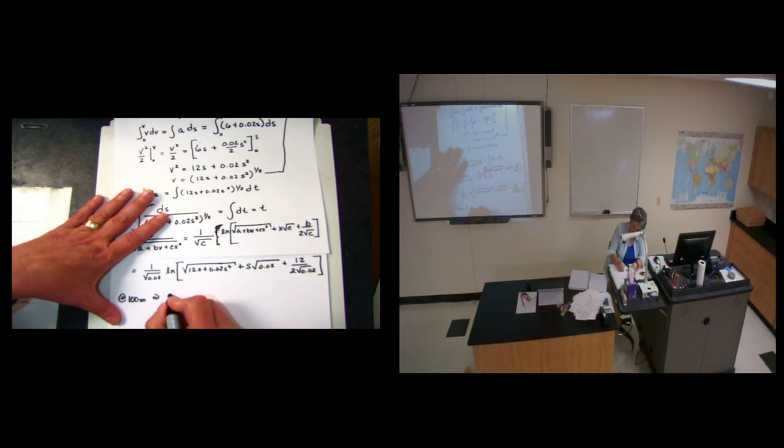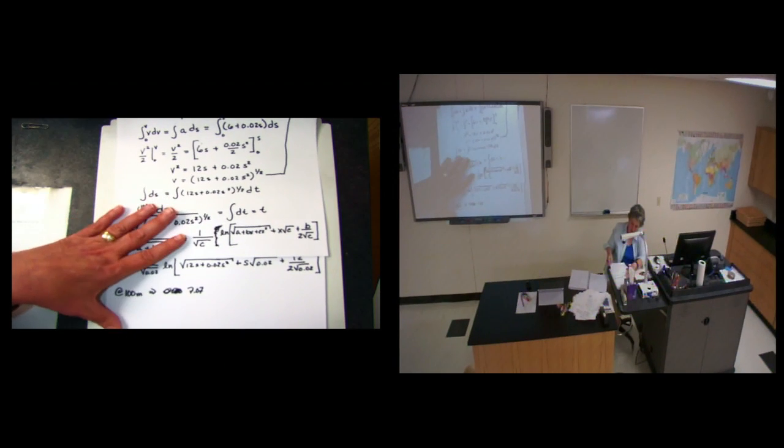So I'm going to end up with ds is equal to V naught minus ks dt. I'm going to have to put this on that side, so I get ds over V naught minus ks, and that's ultimately going to give me my time variable.